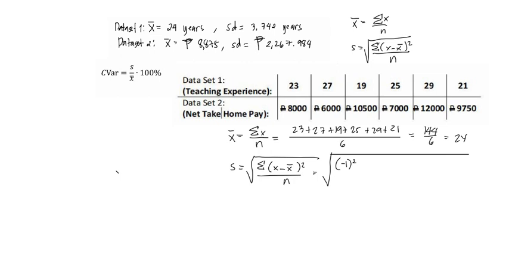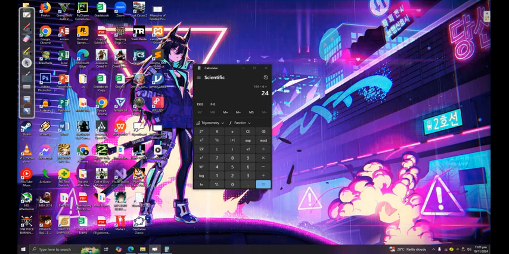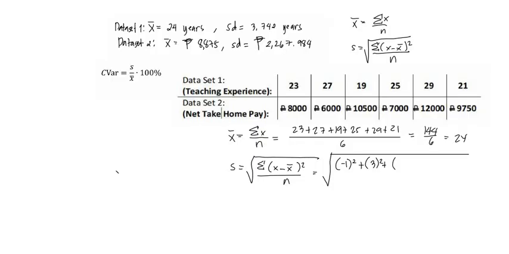So that's negative 1 squared, plus 27 minus 24 is going to be 3 squared, plus 19 minus 24, that's negative 5 squared, plus 25 minus 24, that's 1 squared, plus 29 minus 24, that is 5 squared as well, plus 21 minus 24 is negative 3 squared, divided by our 6.